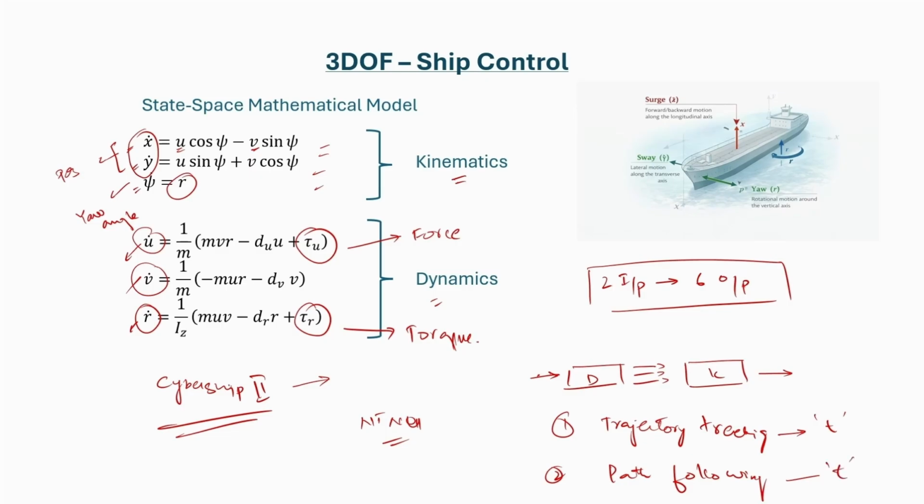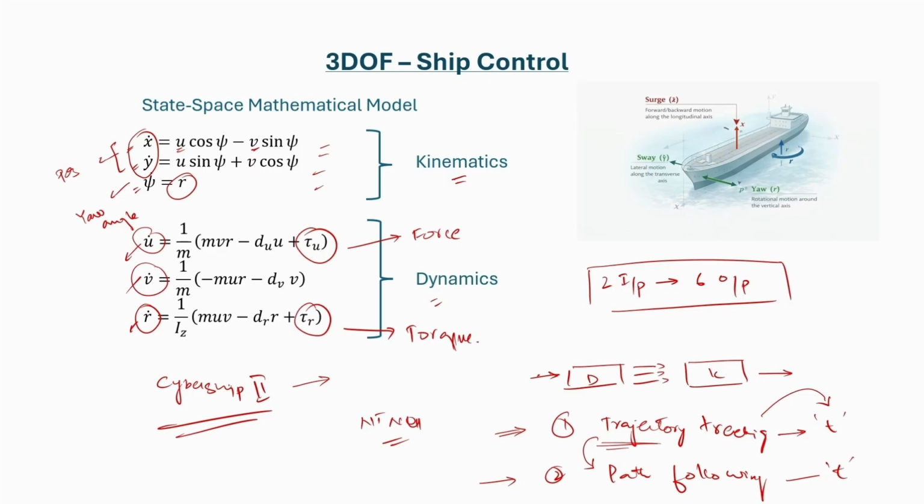So if you already know how to control this, you will know that path following is relatively easier than trajectory tracking, because in trajectory tracking control, the control law and all the objectives are dependent on time. So this is much more challenging. But the thing is, if you can do trajectory tracking control, you will eventually be able to do path following easily. The aim of this lecture or this video is to design a trajectory tracking controller.